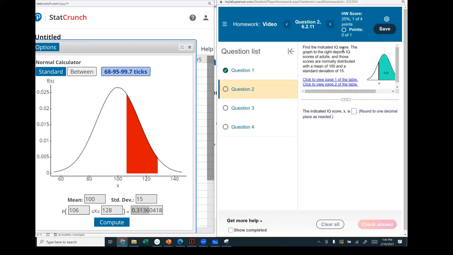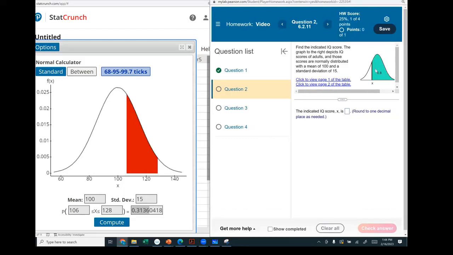Okay, find the indicated IQ score. The graph to the right depicts IQ scores of adults, and those scores are normally distributed. We have the same mean and standard deviation, and we want to find X. And we know that our probability, which is the same as the area under this curve, they're telling us is 0.8.